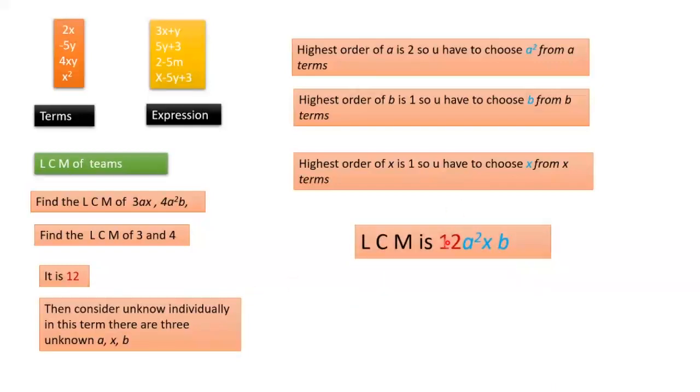Then you write everything as a multiplication. I took 12 from here, a squared from here, check my laser point, b and x. This is the LCM of the given terms. Very easy method.